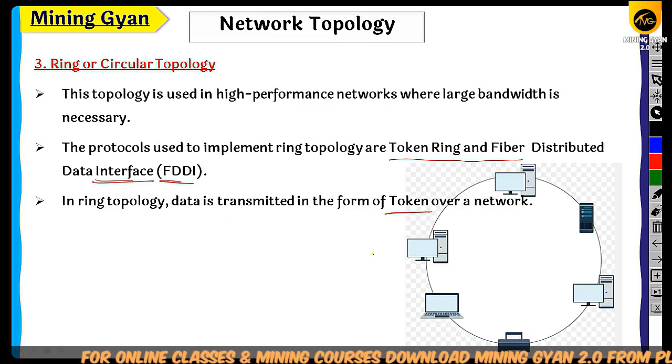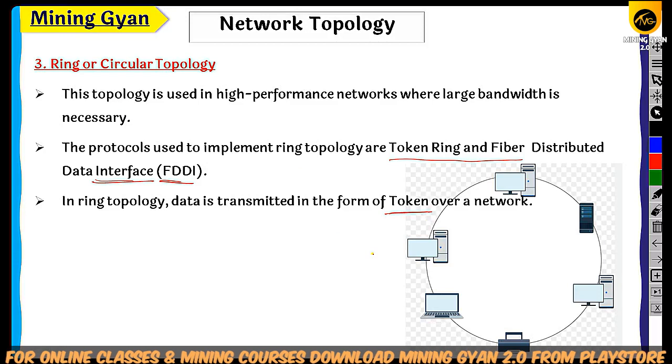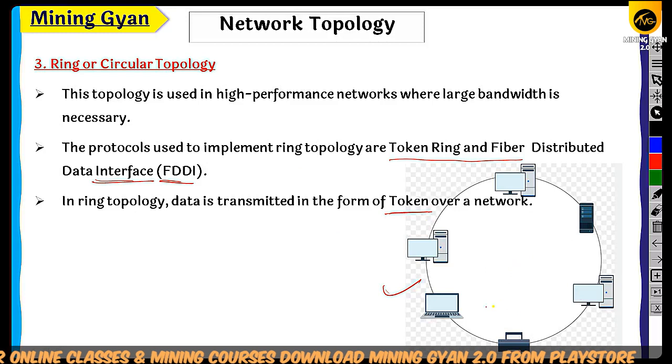So the token is a kind of signal or medium which is used to create the circular or ring topology. This can create faster bandwidth for the signals. Okay, so you can see in the image there is a ring type or circular type of topology or connection.